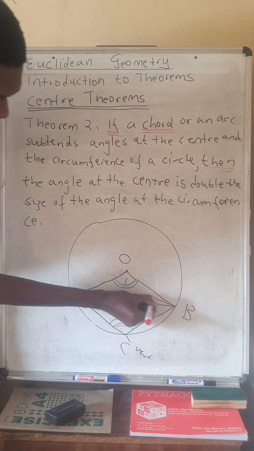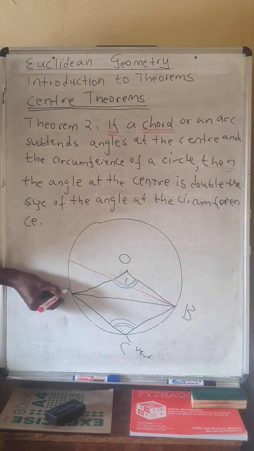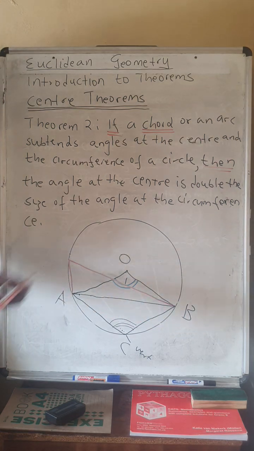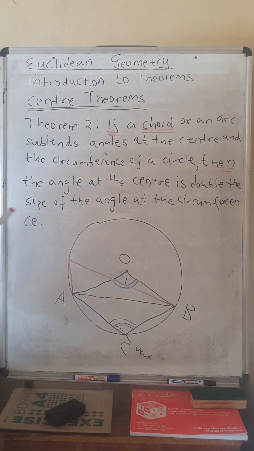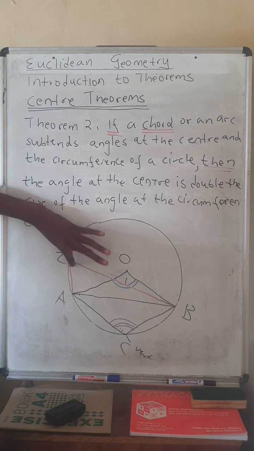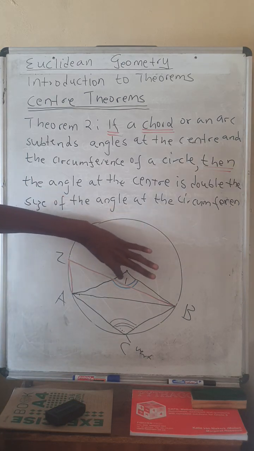I don't know if this is clear. So if you look at this, let me say this angle is Z. Angle Z is being subtended by the same chord which subtends the angle at the center.